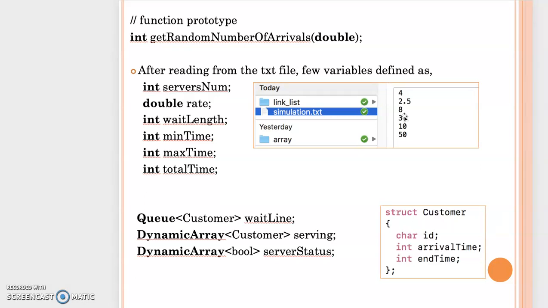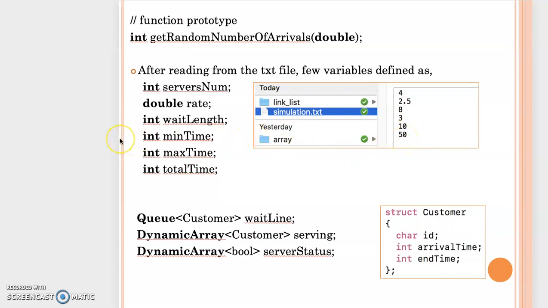For each customer, the minimum serving time is 3, and the next one is 10, which is the maximum. So you can see you have 6 numbers, and they all follow the order. We just assume the text file gives us the information in the right order. The last one is the simulation time.